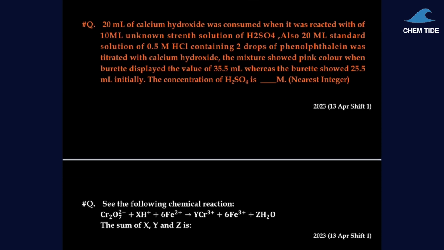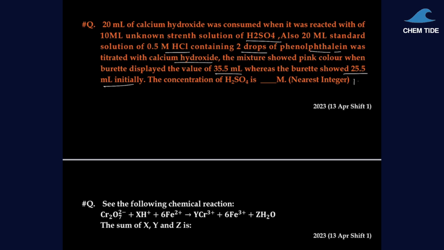Okay, we have the next question now. 20 ml calcium hydroxide was consumed when it reacted with 10 ml of unknown strength solution of H2SO4. Also 20 ml standard solution of HCl containing 2 drops of phenolphthalein was titrated with calcium hydroxide. The mixture shows pink color when the burette displays the value 35.5 and it showed 25.5 ml initially.